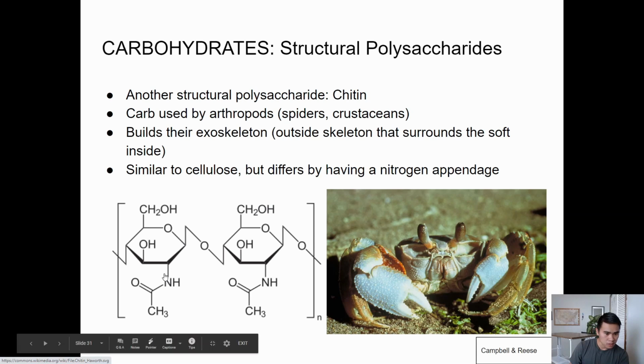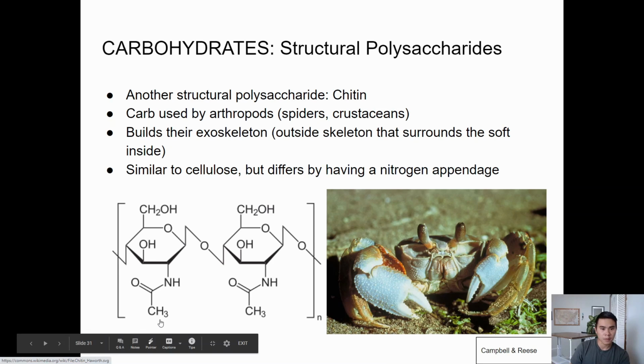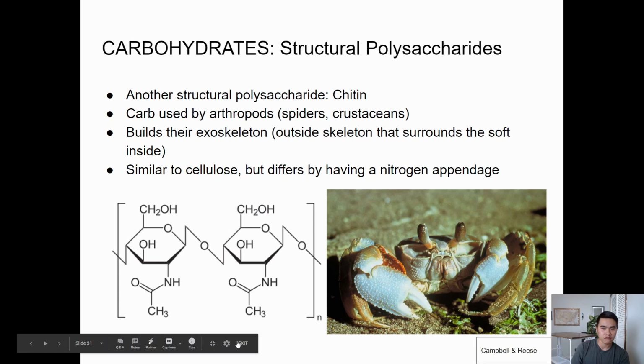If you look at this nitrogen right here, this is what cellulose lacks. Adding in this nitrogen appendage gives you an even stronger structural element that makes an exoskeleton. So carbohydrates have so many uses in so many different animals, plants, and crustaceans, based off of what you want to build.